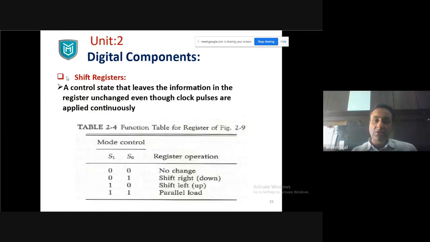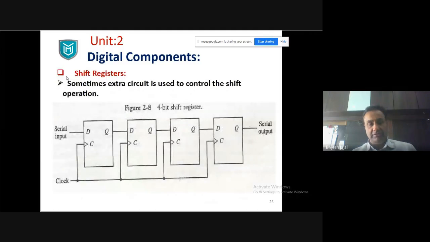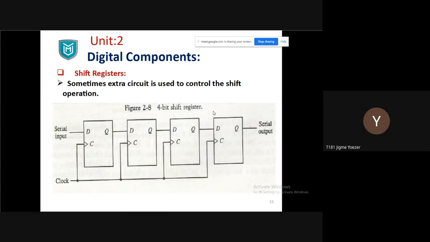Now, if I ask you a question from this, this is a 4-bit shift register, but is it shift left or shift right? I input the value from the left side and get the output on the right side. So this is which side shifting? Right side.